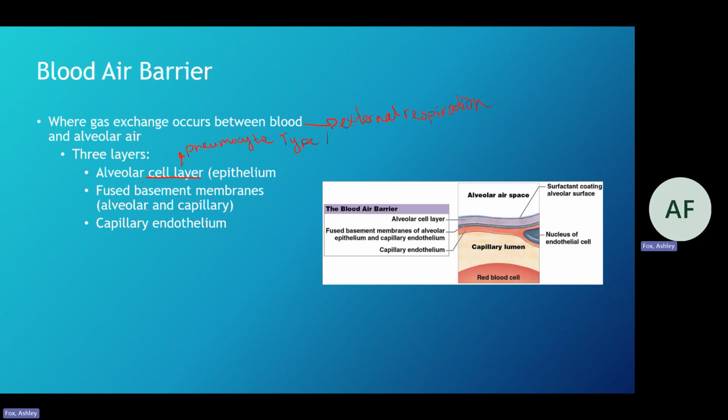So the membrane of the alveoli is fused with the basement membrane of the capillary. And then we have the simple squamous epithelium of the capillary. Because remember, capillaries are basically an endothelial layer and a basement layer, not too much to it. So air has to go through the cell layer of the alveoli, through those fused membranes into the capillary, or vice versa. That's oxygen, vice versa if it's carbon dioxide.